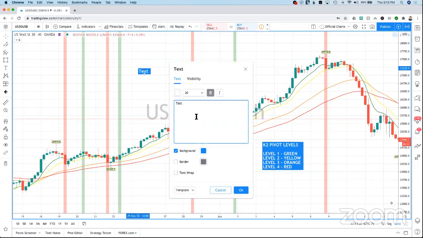And then I'm just going to put the rules for the strategy here, K2 pivots strategy. 1, identify market is trending.